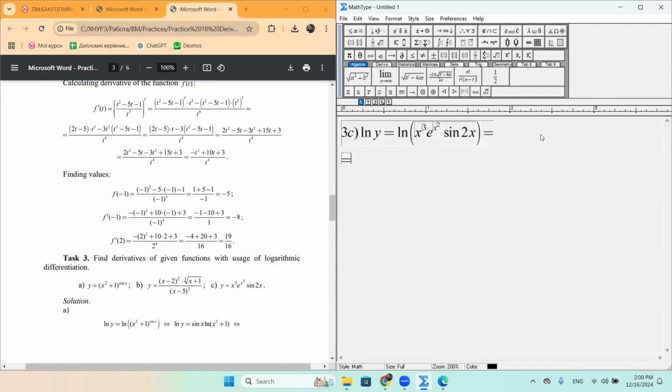So the logarithm of y equals the logarithm of x to the power of x cubed, plus the logarithm of e to the power of x squared, plus the logarithm of sine 2x.